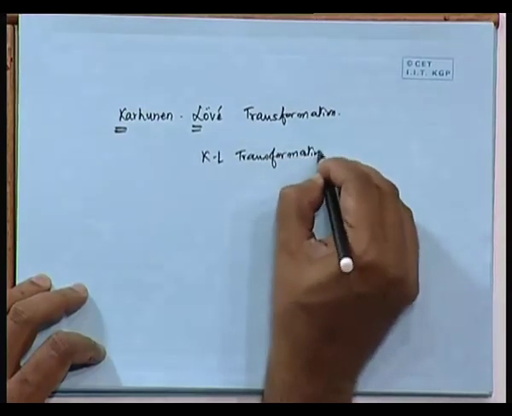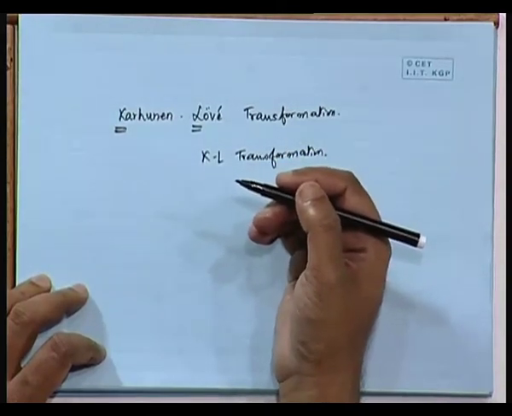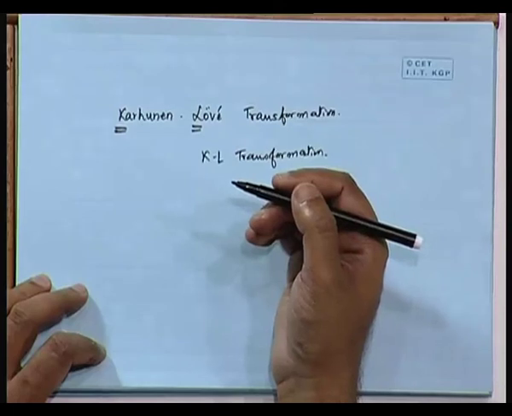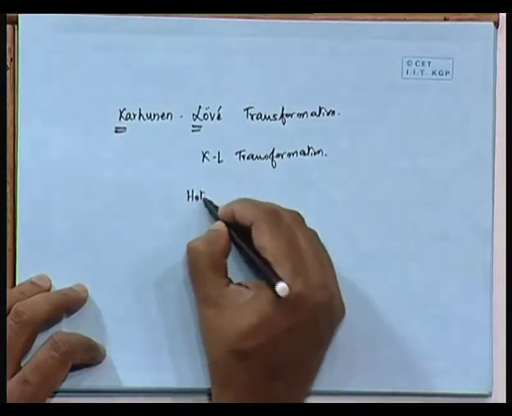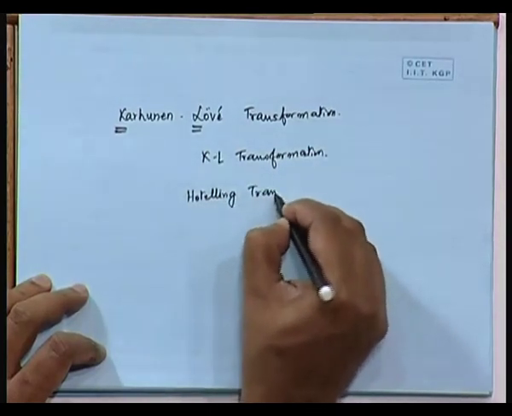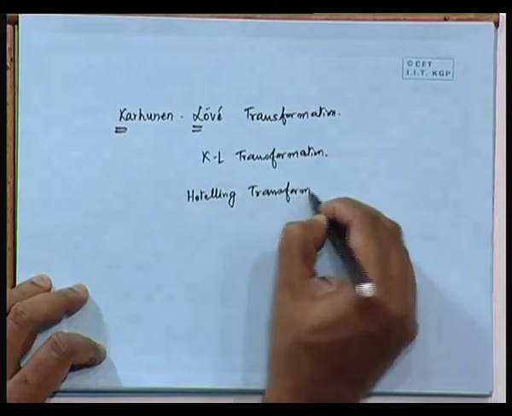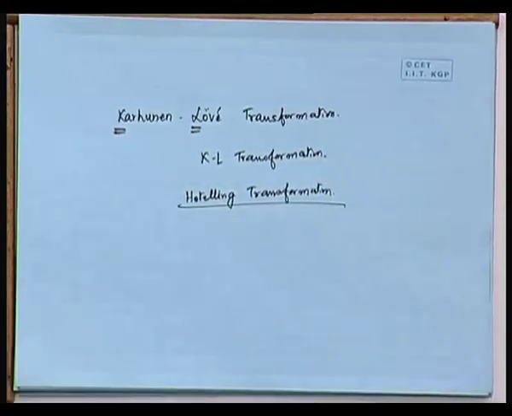In the image processing community, people follow the two-dimensional version of this, and the transformation that they use is also known as the Hotelling transformation. This also is based on the same principal component analysis. So, in different variants it is available, and people have been using this approach.